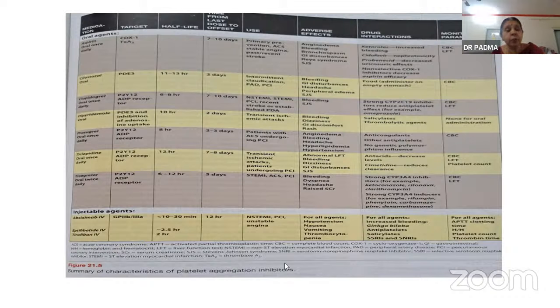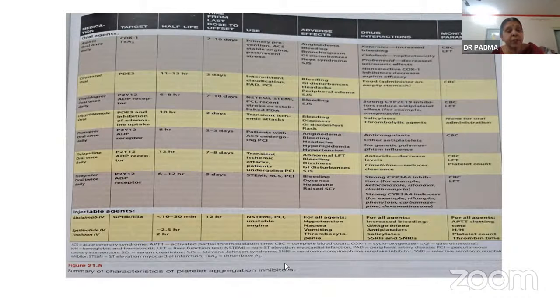It can be given once daily also because the half life is very long. Clopidogrel is another drug we use as an alternative to aspirin whenever they are sensitive or resistant to aspirin, or it is used along with aspirin as DAPT, dual antiplatelet therapy. This is very commonly used.